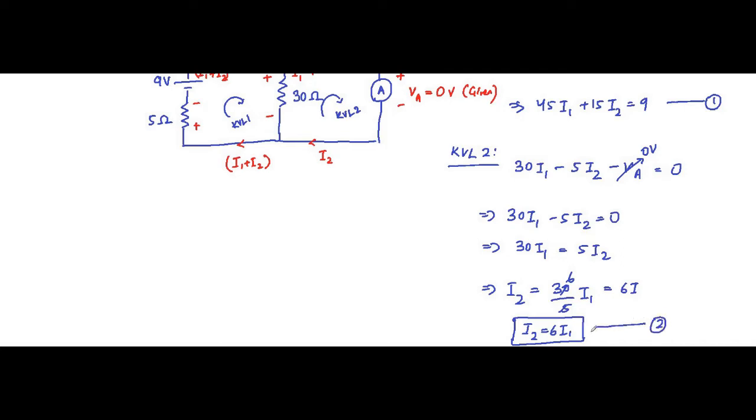So if we substitute equation 2 in equation 1, we get 45 I1 plus 15 into 6 I1 is equal to 9.